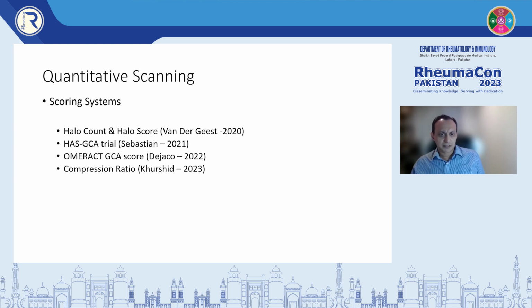The main thing, however, has gone beyond that, and the quantitative assessment has been improved upon. We are now using composite scoring systems. The first one was introduced as Halo Count and Halo Score by Van de Geest, who is working on an additional scoring system at the moment.